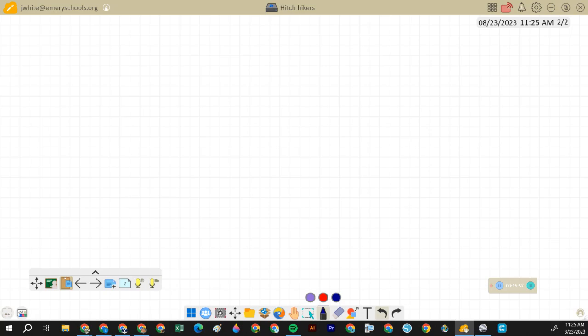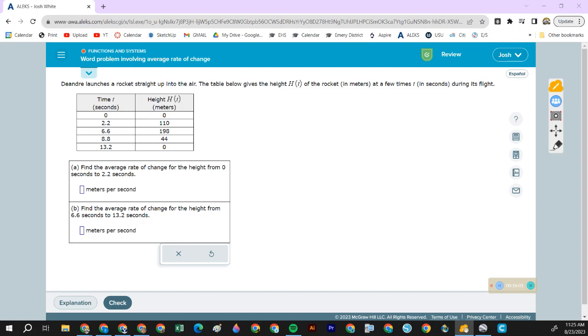All right. So that was a really long explanation for how we're going to do this. So this says find the average rate of change from height 0 to 2.2. So there's some graph like this where we shoot a rocket up in the air, and as time passes it goes down.